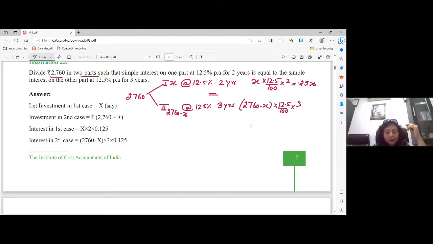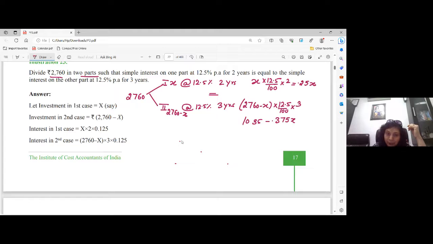So we have to multiply 2,760 into 12.5 divided by 100 into 3. So that becomes 1035 minus X into 12.5 into 3, so that becomes minus 0.375x.